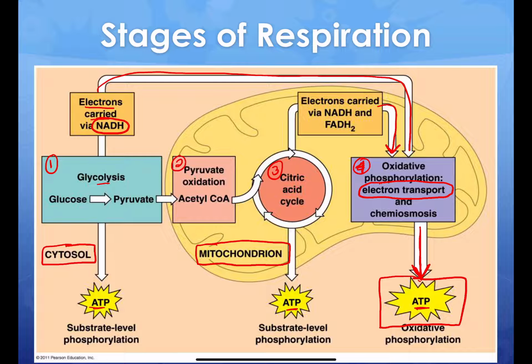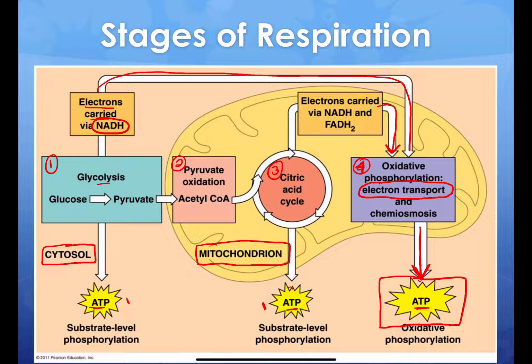So this explosion here looks a little bit bigger than the one here or the one here, because most of the ATP comes in that phase. This last one is oxidative phosphorylation, as we called it in its name. These are a different type of phosphorylation, and that's substrate level phosphorylation. And again, we'll talk about what that means in just a minute.